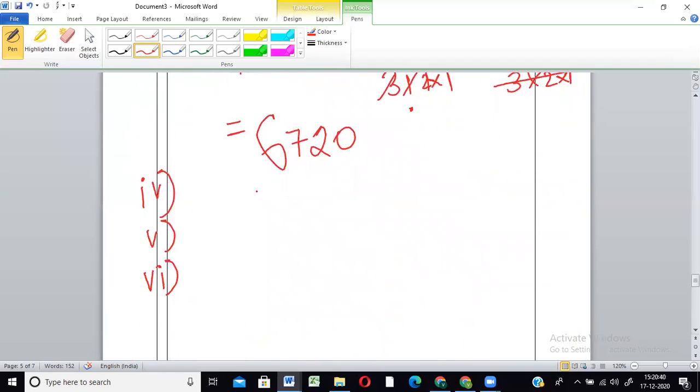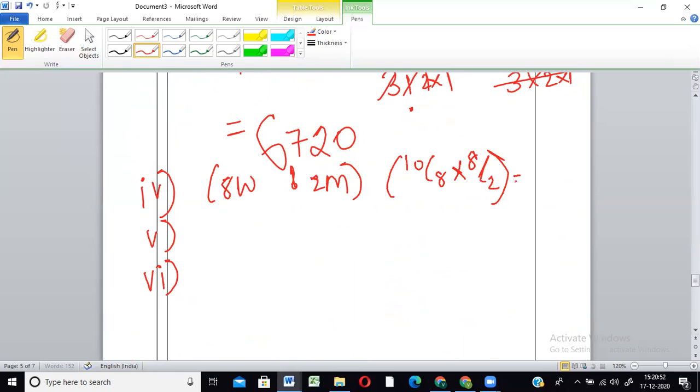The next is 8 women and 2 men, right? 8 women and 2 men. How are we writing this? 10C8 into 8C2. Its final answer is 1260. Okay. The next one is 9 women and 1 man.